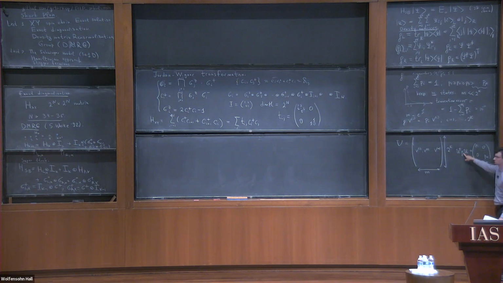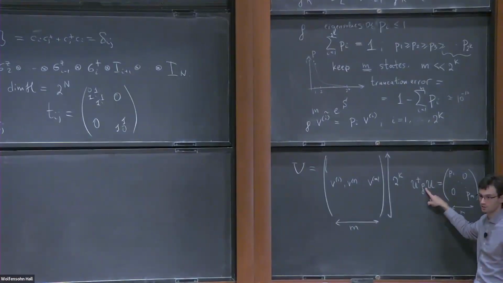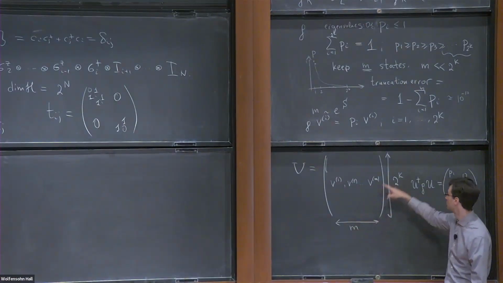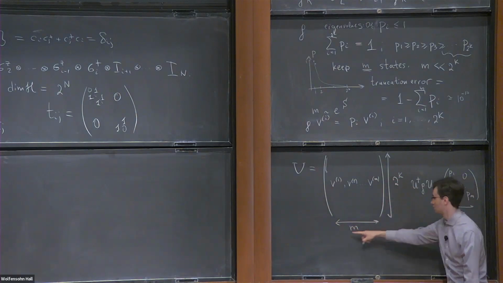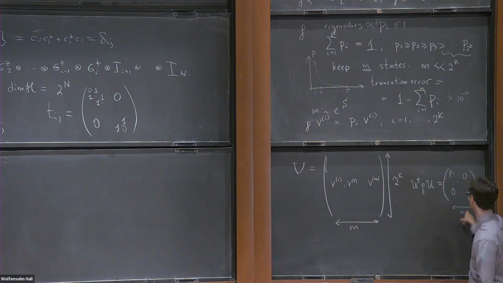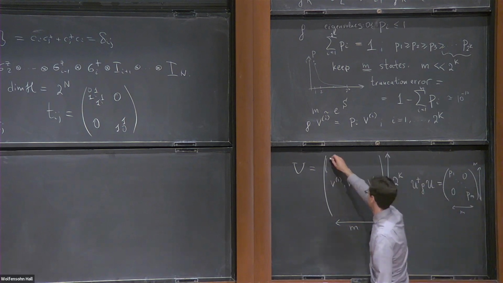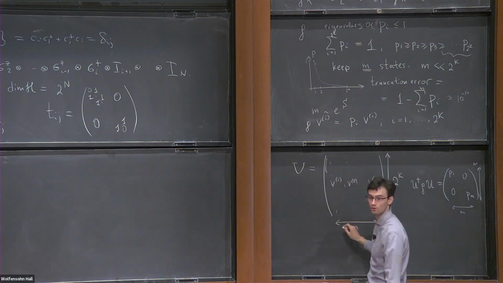So rho initially was a 2^k times 2^k matrix, but now I conjugated it by the matrix U, which is 2^k times m, right? So if I do this, I get a smaller m by m matrix. So how many V matrices are there? V are eigenvectors, so each is a column of 2^k numbers.